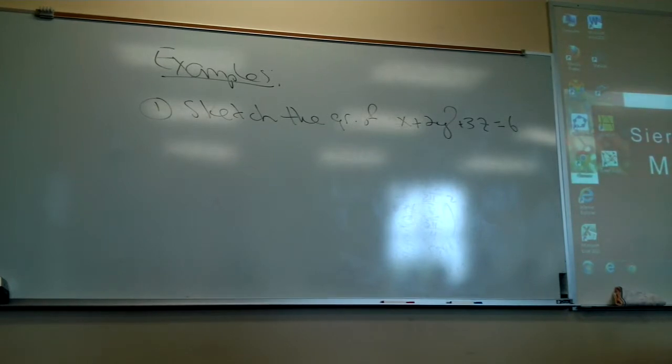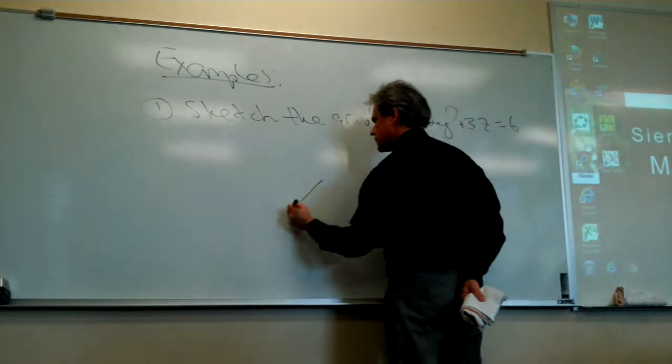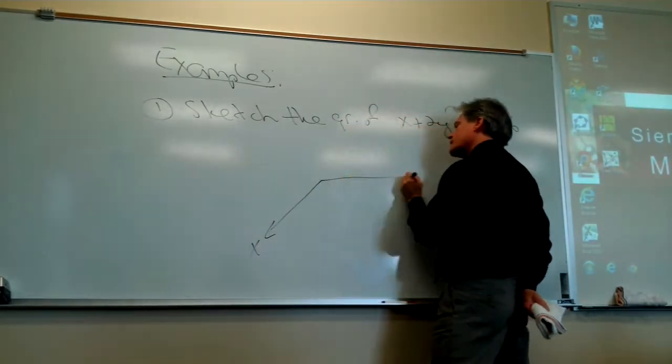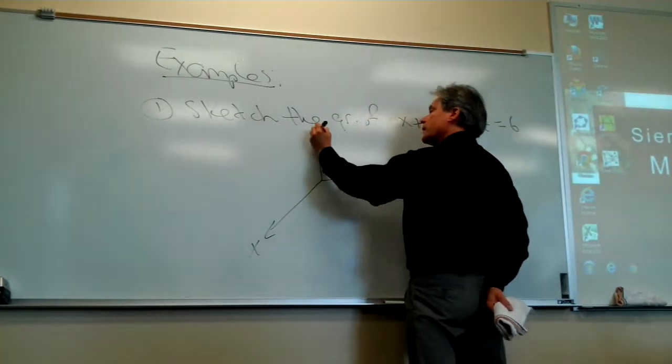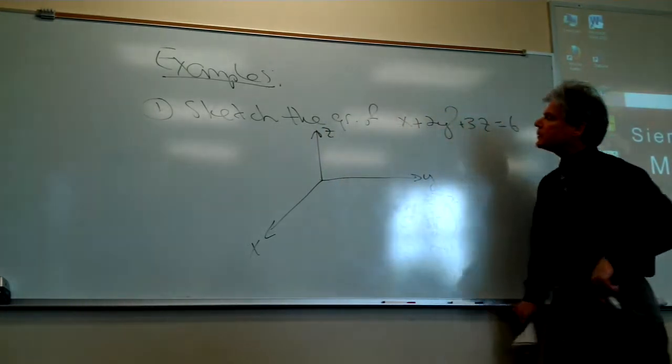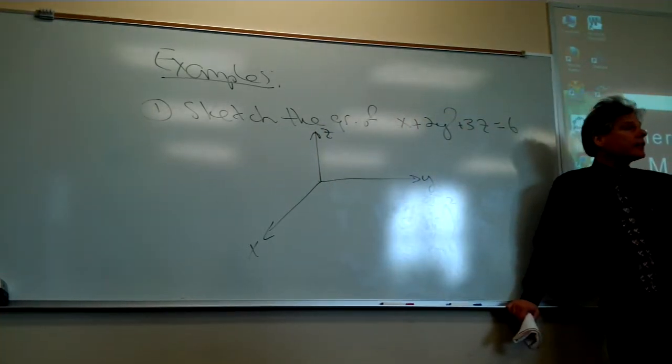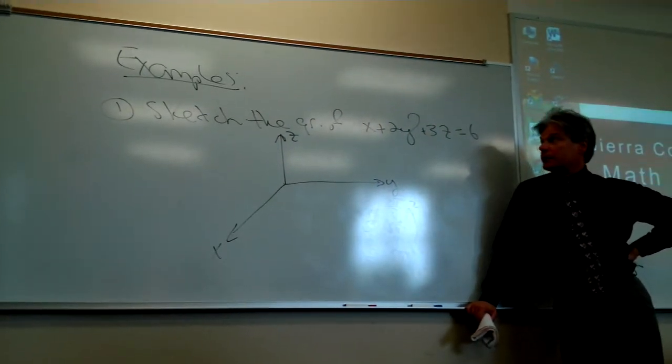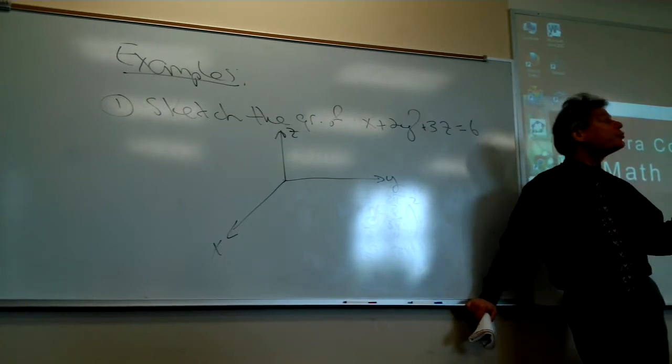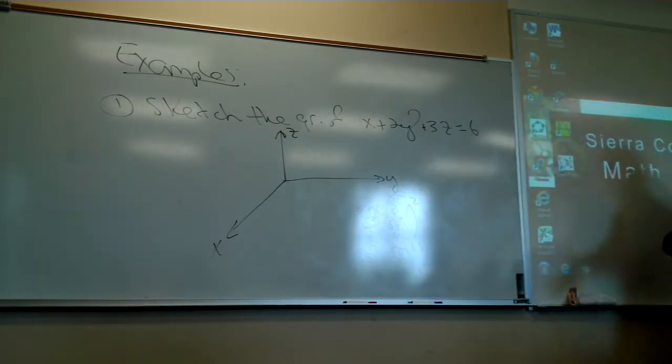And if I'm going to sketch the graph of a plane, then I think if this is my x-axis, here's my y-axis, here's my z-axis, the sketch of this plane is going to be as easy as sketching lines. Or can I say it this way in English? I'll sketch the trace of this particular plane as it passes through the xy coordinate plane.